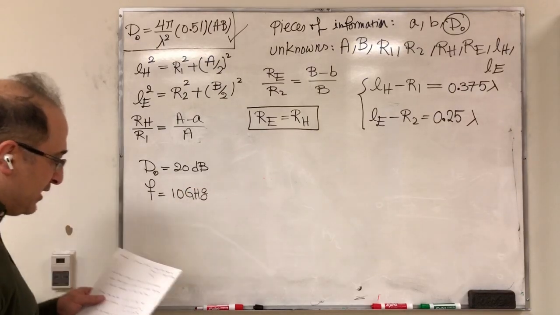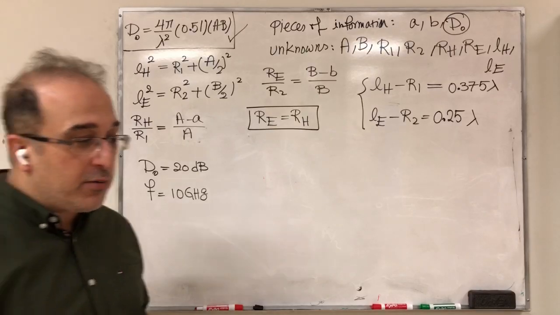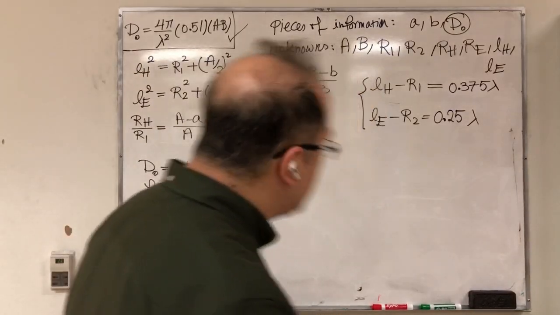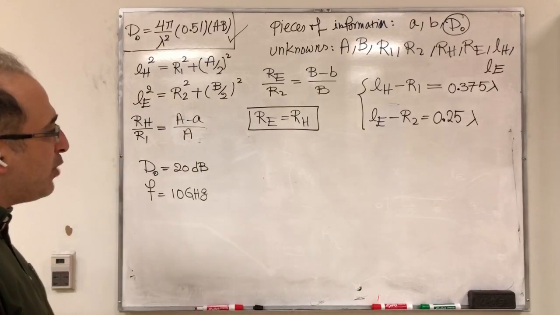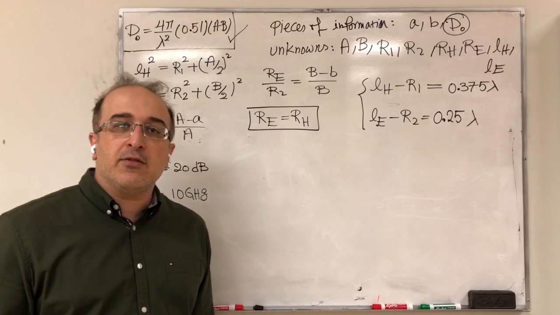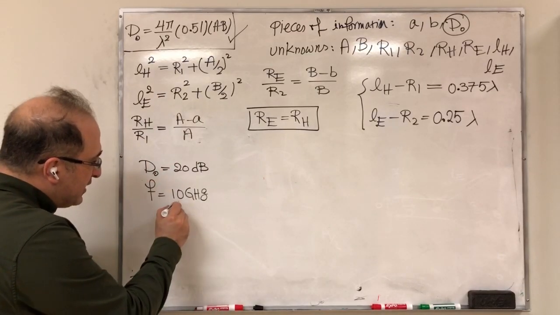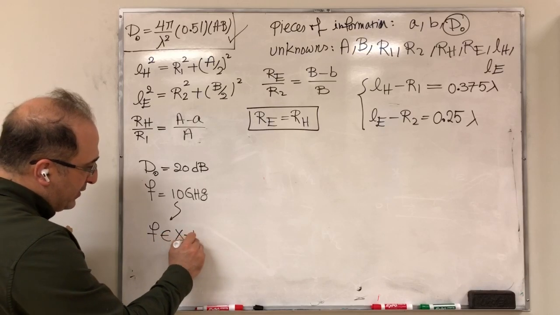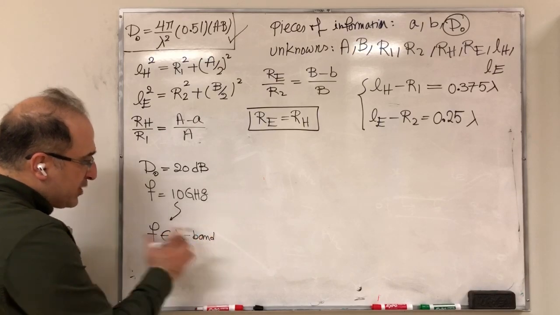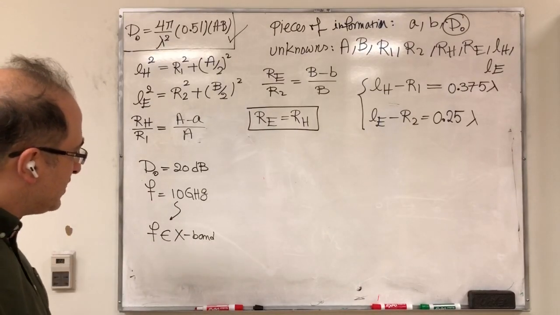The purpose is to design a pyramidal horn antenna to achieve this. If we want to start this, we know that our pyramidal horn antenna starts from a rectangular waveguide. And this frequency belongs to X band. X band is approximately from 8 to 12 gigahertz. So this is almost the center frequency of X band.